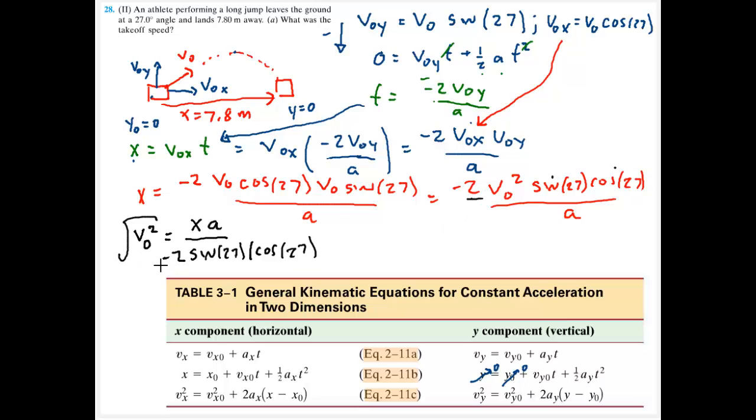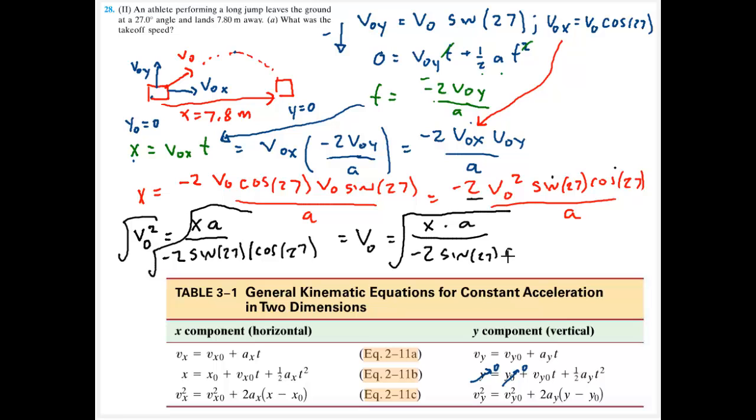Take the square root now of both sides, and I'm left with v naught is equal to the square root of x multiplied by a, over negative 2 sine 27 cosine 27. Bring that square root all the way out there.